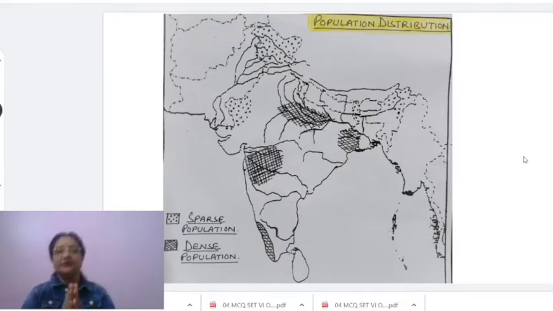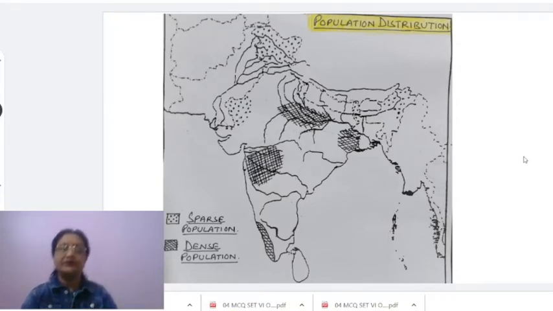First of all, when we start with this, there are different topics, okay? And regarding the population distribution, in the case of India, two types of questions generally come. One is naturally based on sparse population, and the other is dense population. Suppose mark an area with sparse population on the western side.